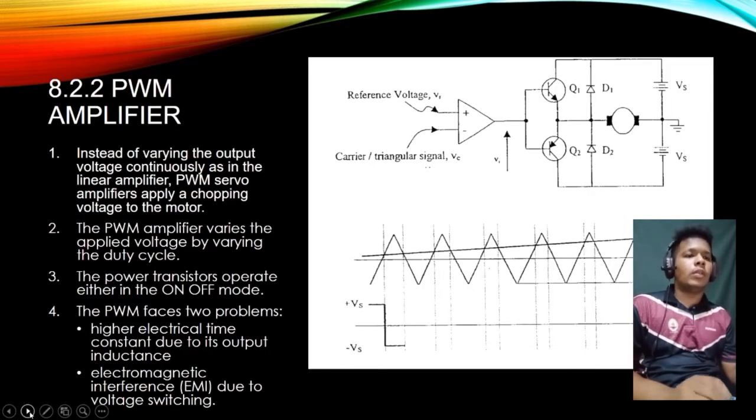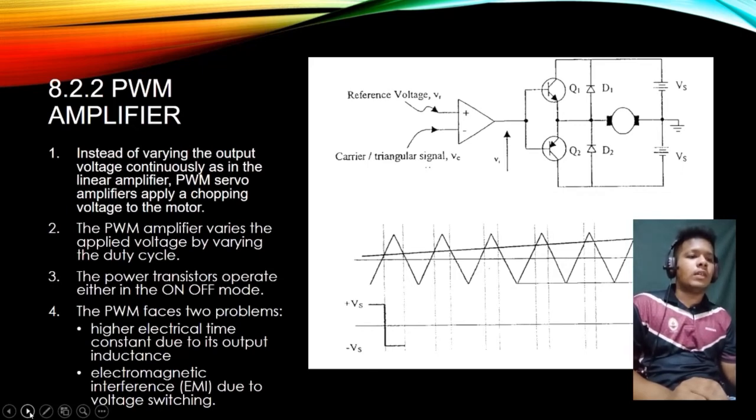Next, 8.2.2 PWM amplifier. Instead of varying the output voltage continuously as in the linear amplifier, a PWM servo amplifier applies a chopping voltage to the motor. The PWM amplifier varies the applied voltage by varying the duty cycle.